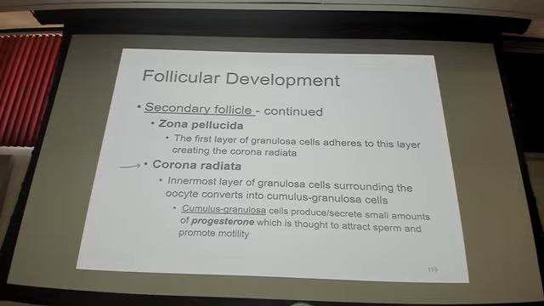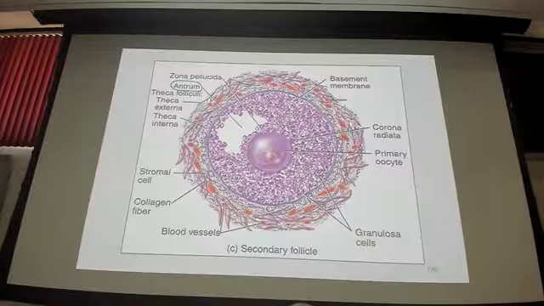What does corona mean? Crown, radiant crown. Okay, so here you have this antrum developing. You have this zona pellucida, like I said, the shell of the egg. And the corona radiata is the initial one cell layer of cells around it. Does that make sense?